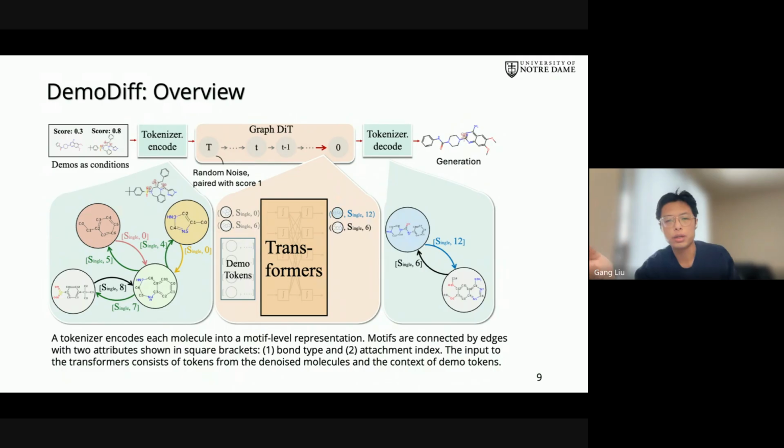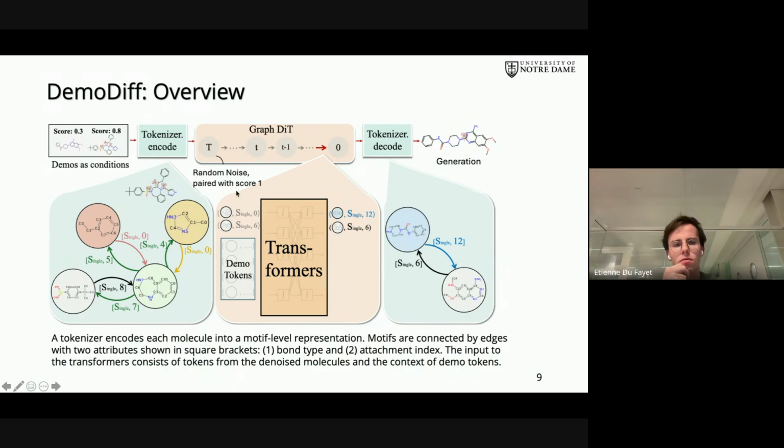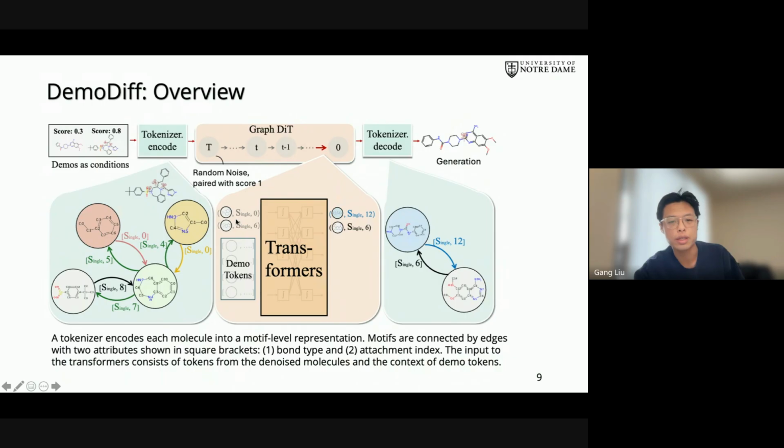No, in a diffusion model, the diffusion step starts from random atoms and bonds. Initially these green nodes, the molecule we want to generate, are random at timestep t. So these random tokens, along with the demo tokens, are included in the transformer in the same batch.